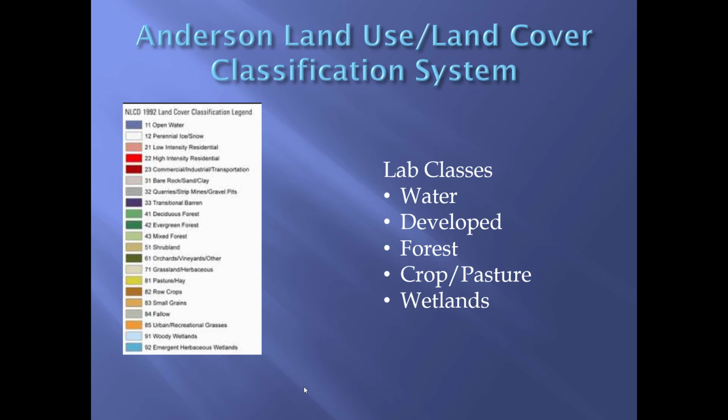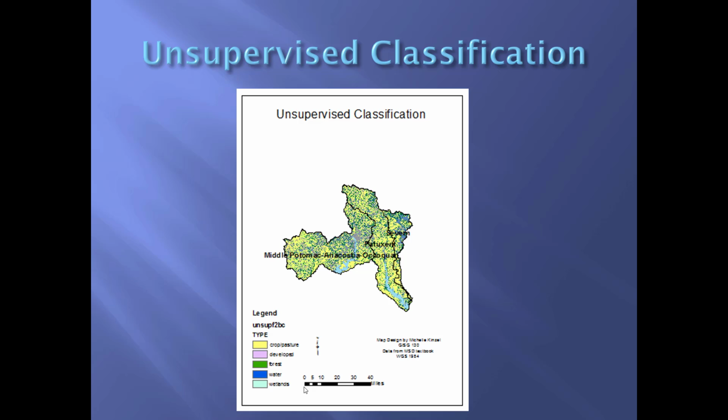There's rock, sand, and clay, different types of forest, going all the way down to emergent herbaceous wetlands. And then the numbering is just what would be considered to be metadata. It's a code that's been established for those different types of land cover or land classes. The classes you'll work with in your lab are water, developed, forest, crop and pasture, and wetlands.